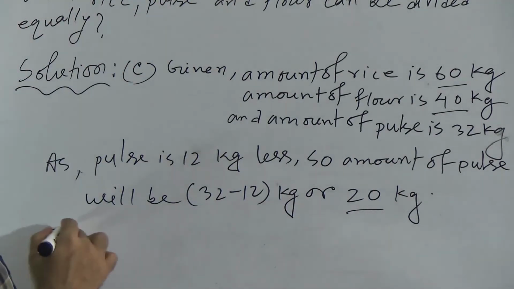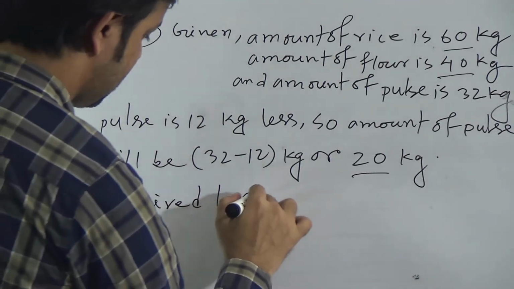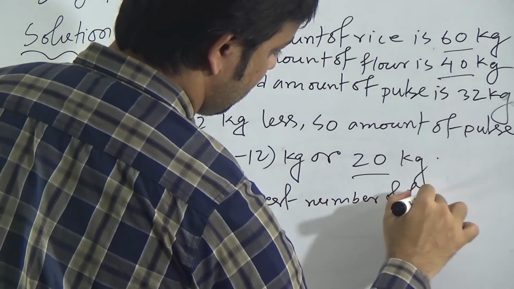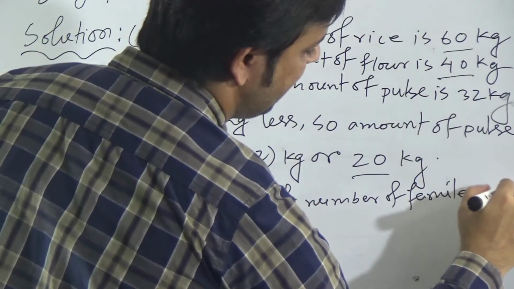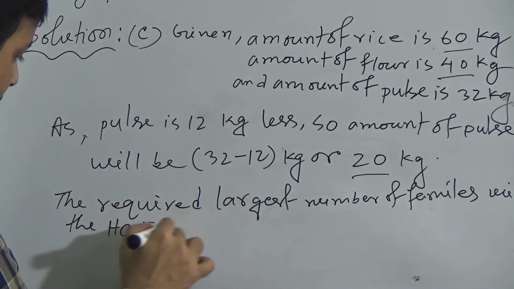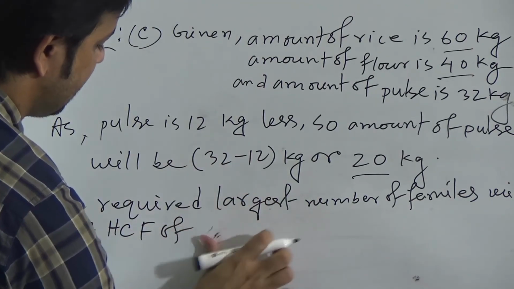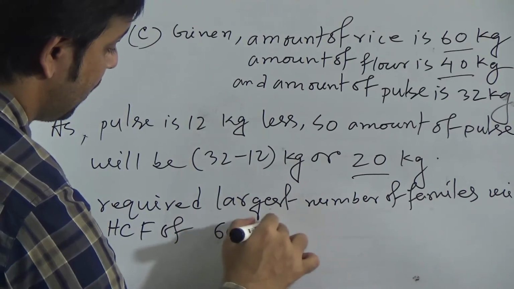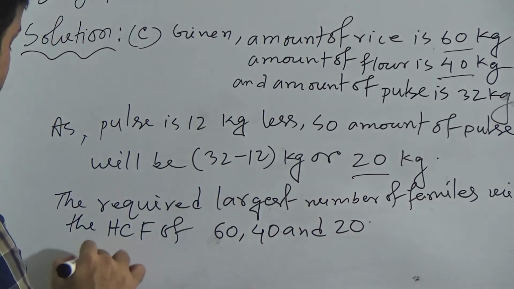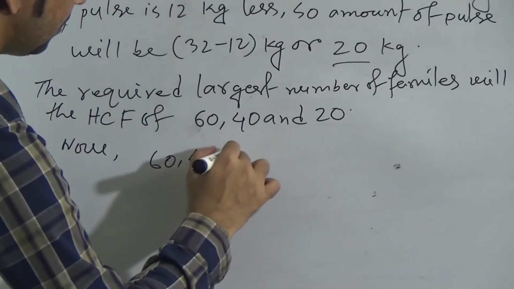So we can write, the required largest number of families will be the HCF of 60, 40 and 20.